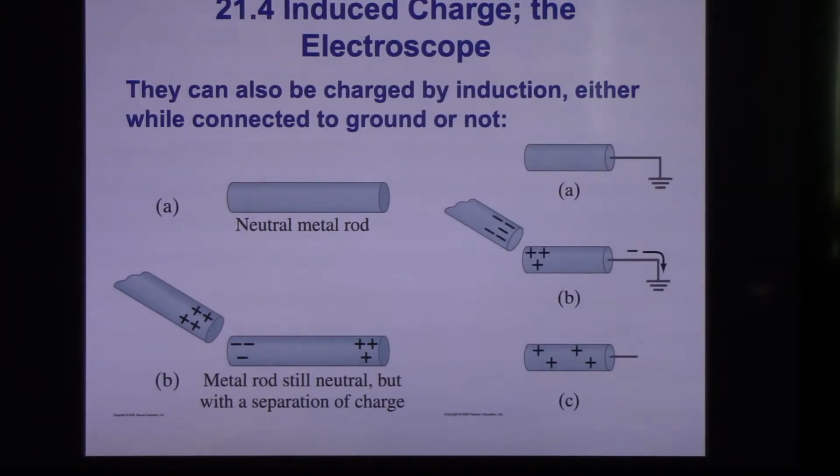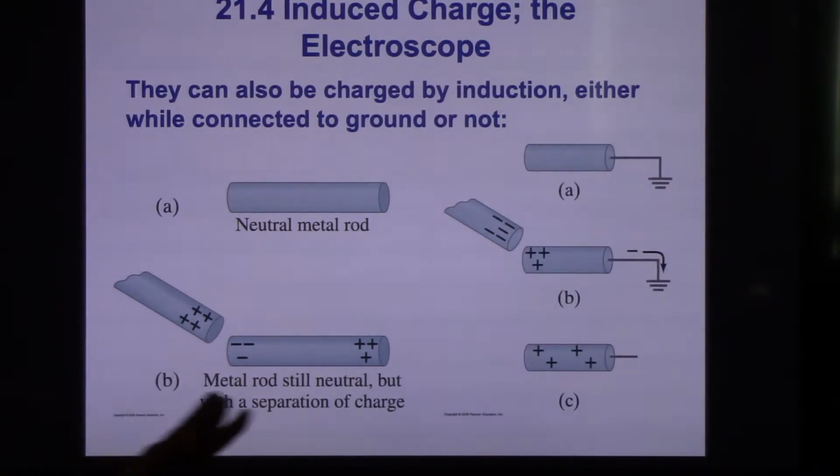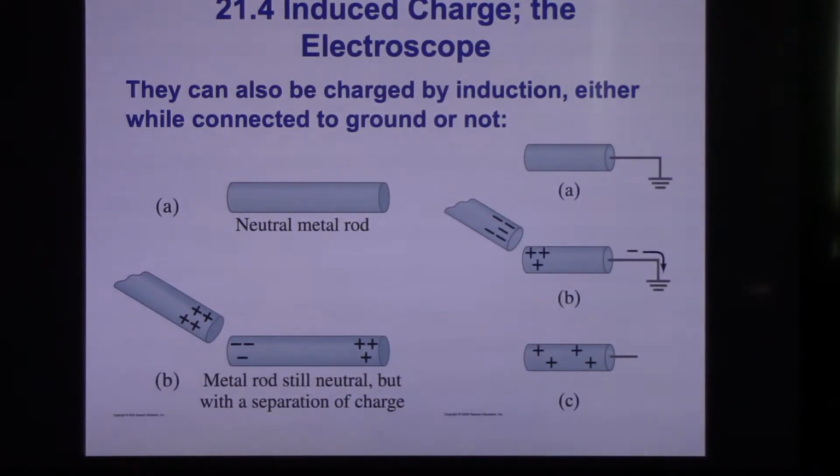So, for example, in the wiring of a house, there is a ground placed at each electric box. There's a line that runs out. There's a big copper tubing piece that is pounded into the ground. That means that the box is electrically connected to the ground by a very good conductor.